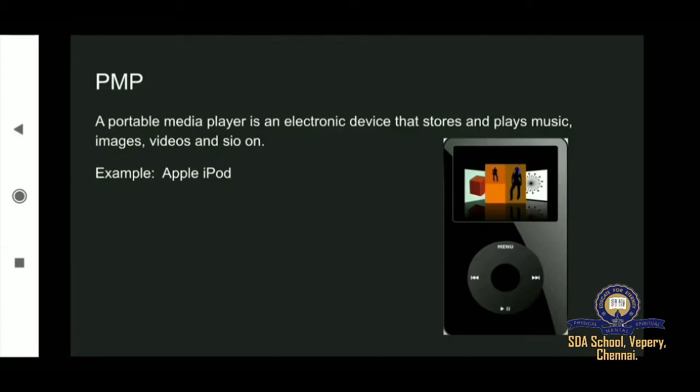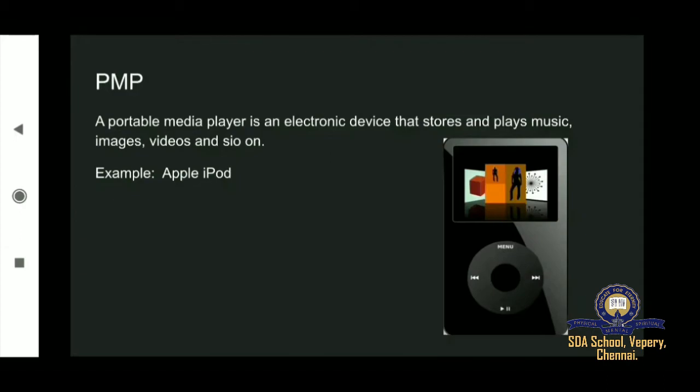You can use your PMP to play music and listen to it, or you can also watch videos. Whatever you store in the memory of the PMP, you can use. You can listen to music, you can see images. In some PMPs you can also take photos.